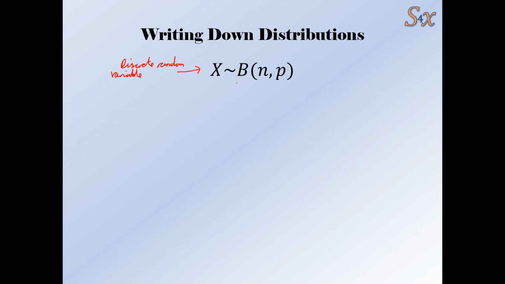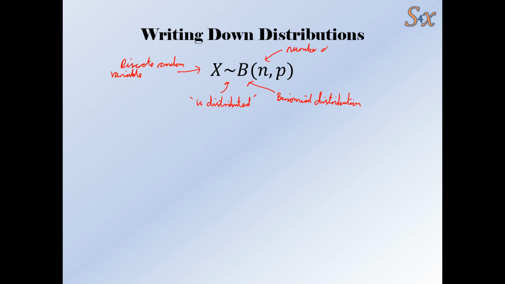This little squiggle means 'is distributed'. So what we're saying here is X, our discrete random variable, is distributed with a binomial distribution. What we're really saying is we've got this statistical event X for whatever it is, and we can use a binomial distribution to model it. That's what we're saying with that statement. We're saying X is distributed with a binomial distribution, and our binomial distribution is going to have n trials.